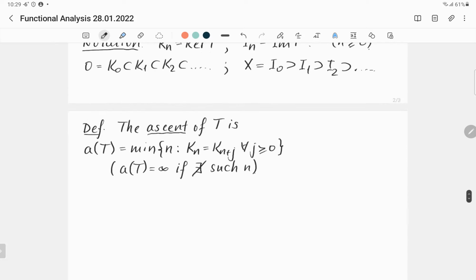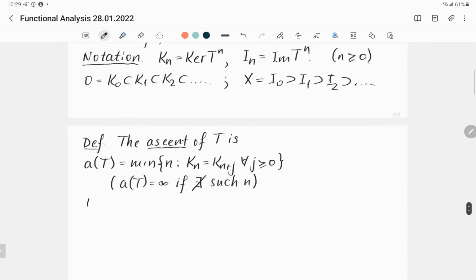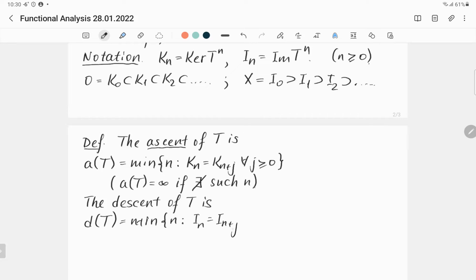And similarly, we define the descent of T is the number d of T defined by the following formula. This is the minimum n such that Rn equals Rn plus j for each non-negative j.